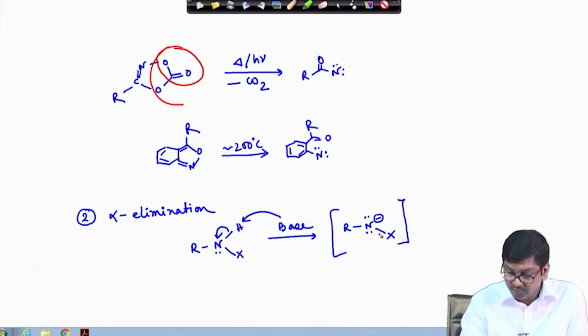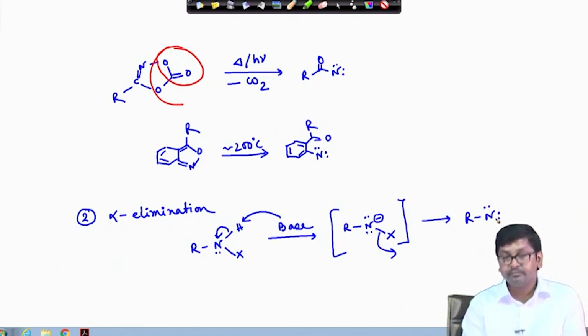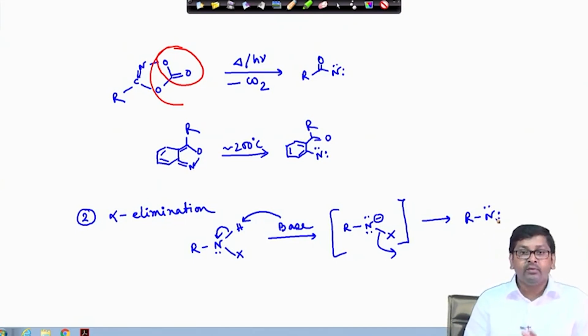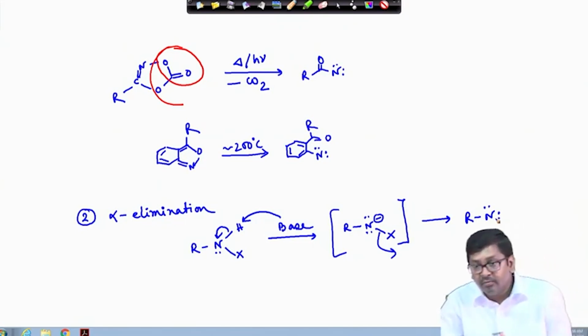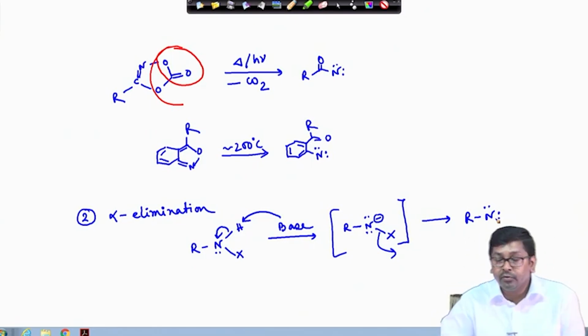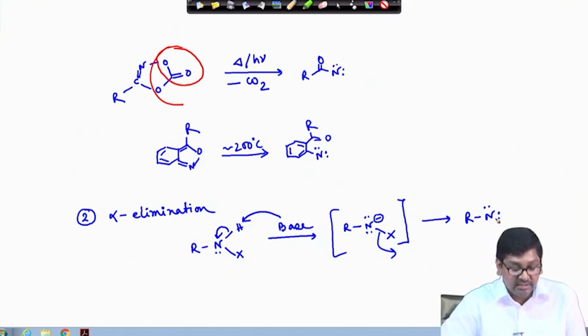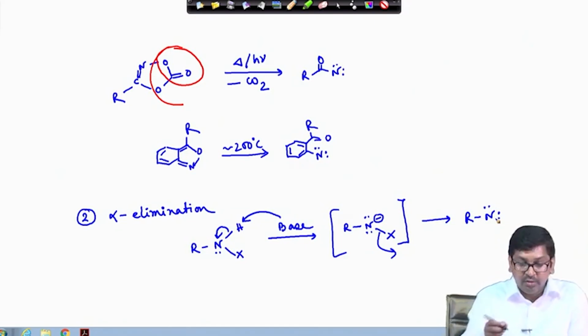Now, the alpha elimination that will lead to the corresponding nitrene. Okay. So, this is another technique apart from the thermolysis or photolysis of the azides. This is another way that alpha elimination can be done to get the required nitrene moiety.